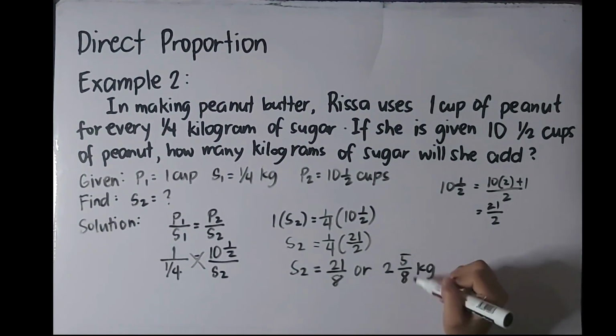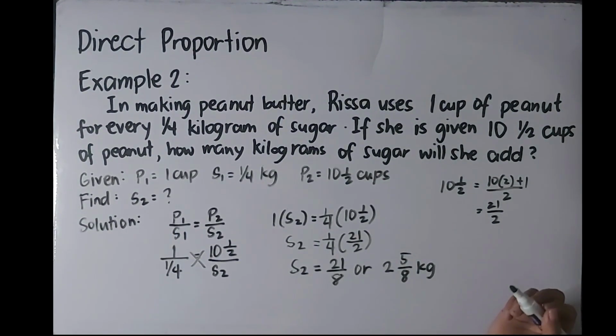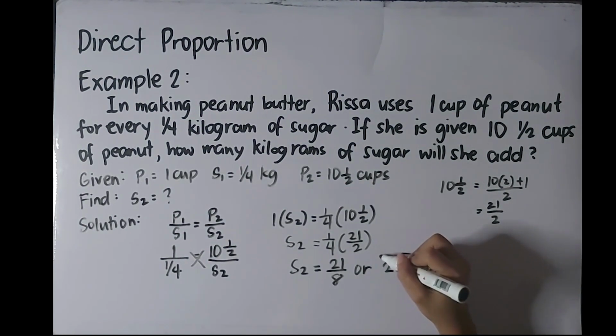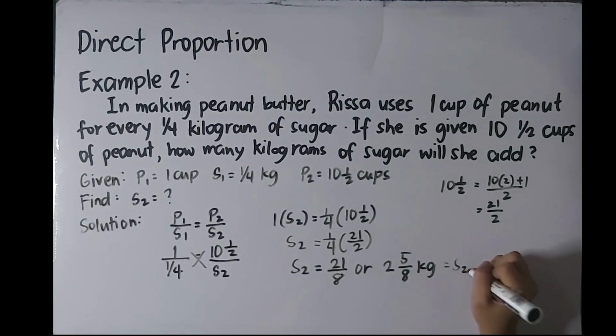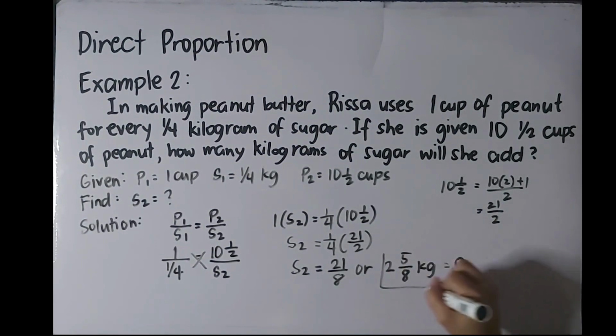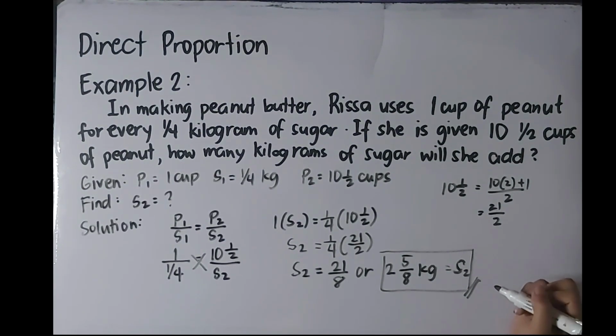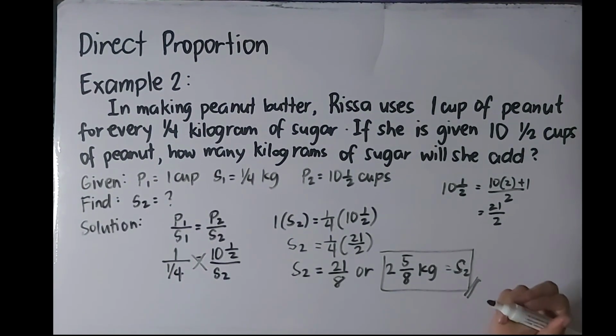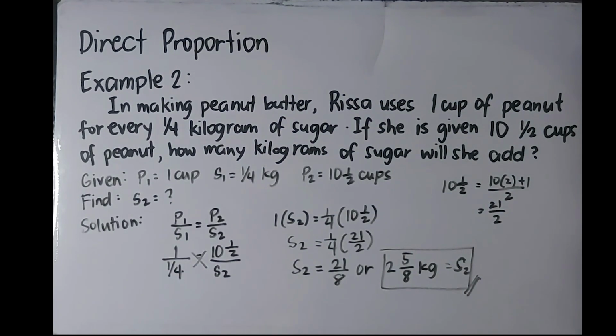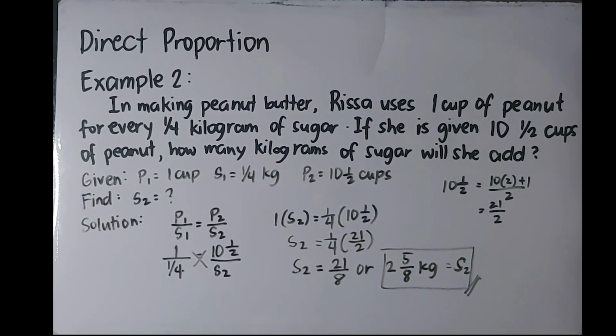That is 2 and 5/8. So, this is our S2, or the amount of the sugar needed to make peanut butter with a specific corresponding 10.5 cups of peanut.